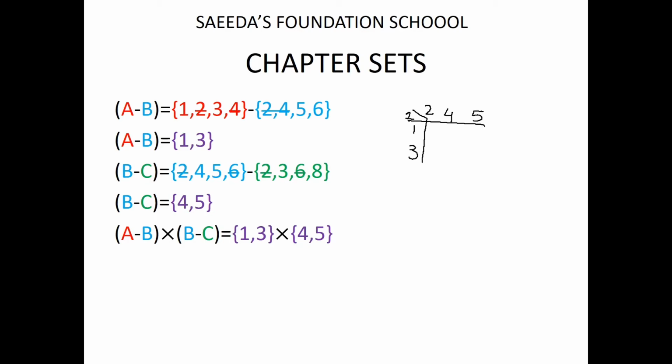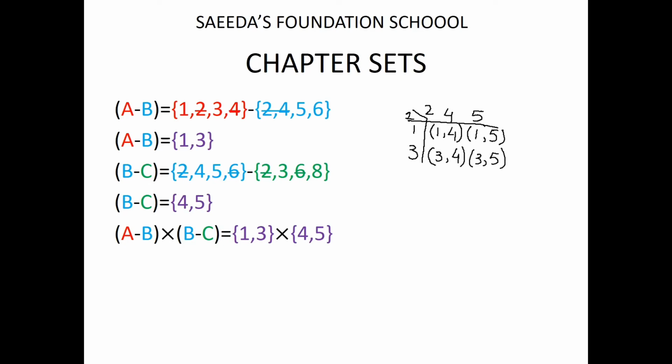Now, when we make ordered pairs, we take 1 from the first set and make an ordered pair with the first element of the second set. Again, take 1 from the first set and 5 from the second set. For the second ordered pair, 3 from the first set, 4 from the second, 3 and 5.